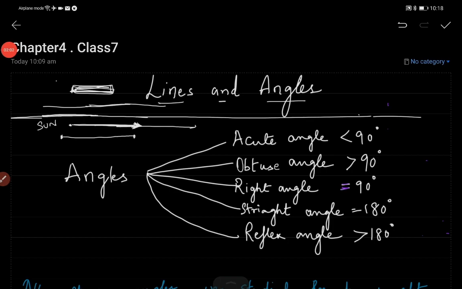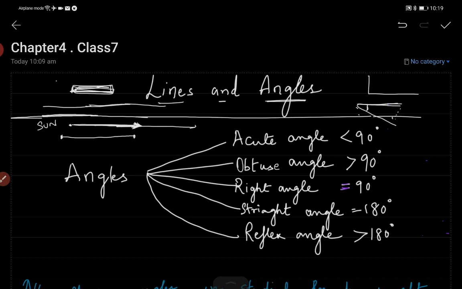So what is an angle? An angle is just a measure of the turn, which is measured in degrees. This is a line, initially at this position. If it is displaced to some different position like this, what will be the angle formed? Or if you open a notebook or a box, it will give you some angle.